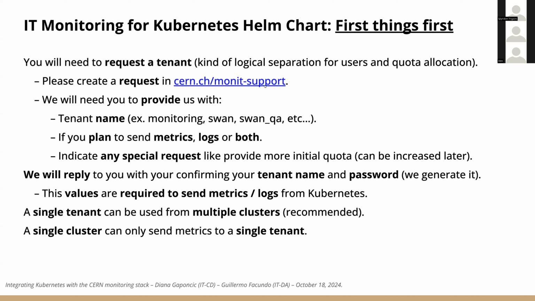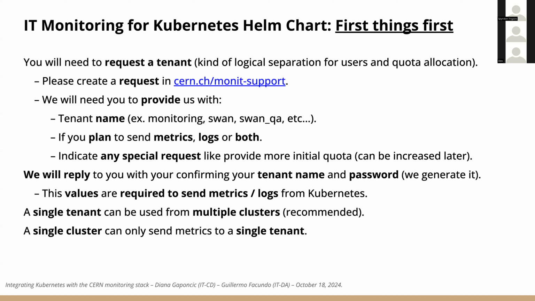Otherwise, requesting a tenant is as simple as creating a request in Snow. The important thing we need you to provide in that request is the tenant name. We are very bad with imagination, so if you can provide us the name, it's always helpful. Like for example, the monitoring team is the monitoring tenant. The Swan team is the Swan tenant. It's really simple.